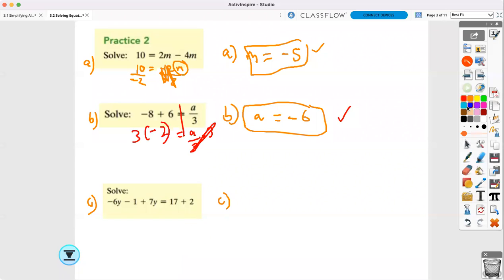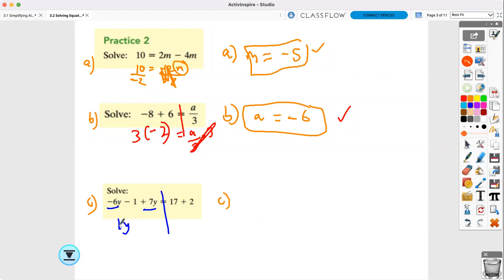Now let's go ahead and look at C, class. Can I combine any like terms on the left side? The y's. -6y plus 7y? I got 1y, right? Because you owe me 6, but you have 7.